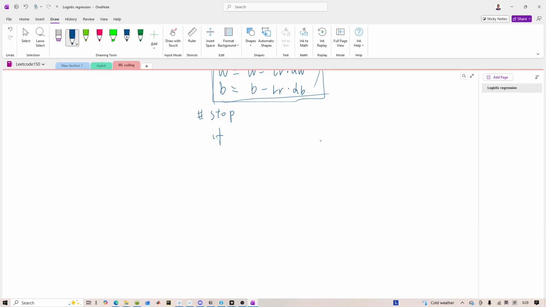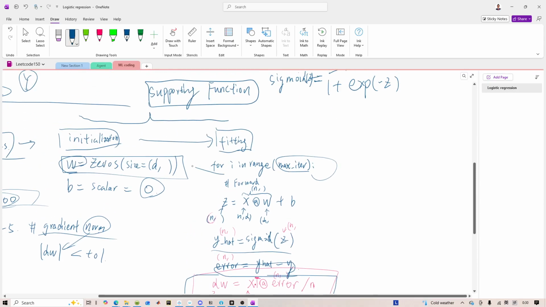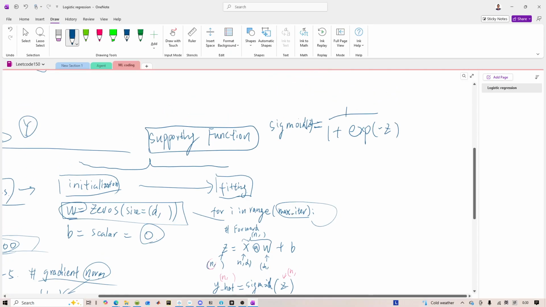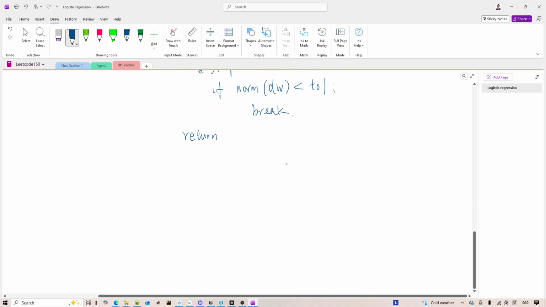So we would just say if the norm of d omega, which is gradient norm, is less than tau, we would break the loop, and then at the end of the day we want to return something outside the for loop, and we will use object-oriented programming, so this would return self.